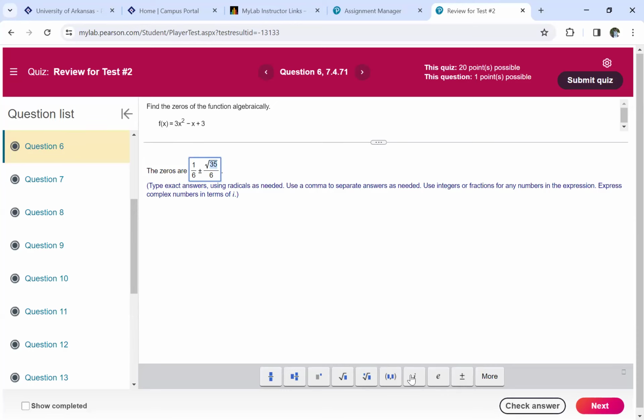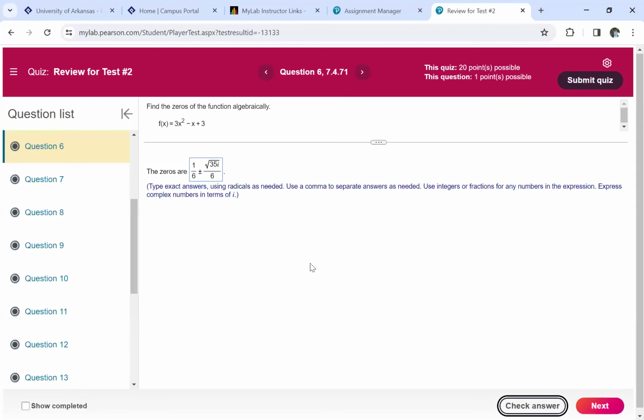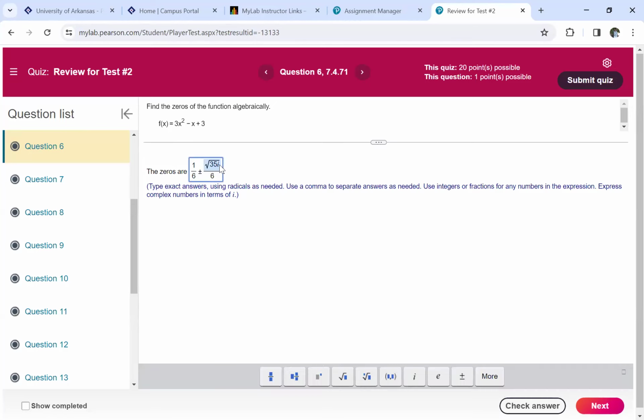Say you did something like that. You see how I got the i up under the radical by mistake? Say y'all did that and you check your answer. Well, guess what? It's going to mark that wrong because my i is up under the radical. If you did that and you missed it because of that, I can override that and give you that point, okay? I'm not quite as picky as MyLab.